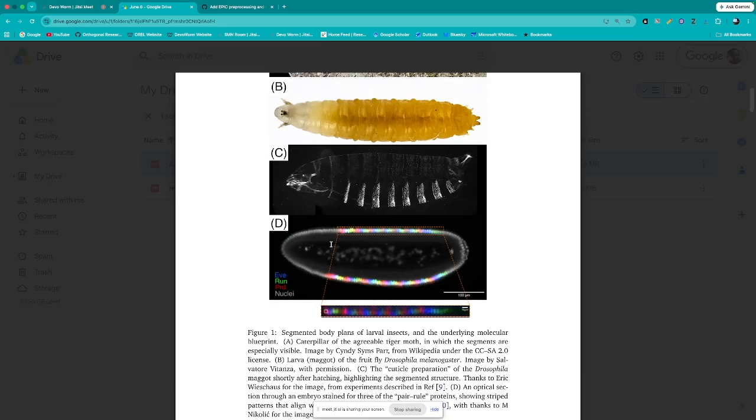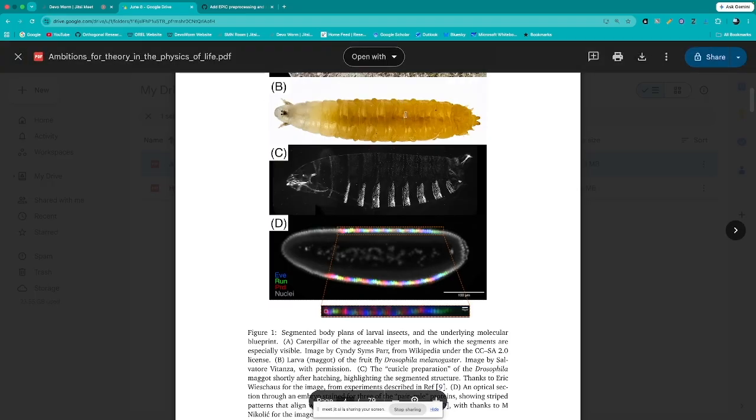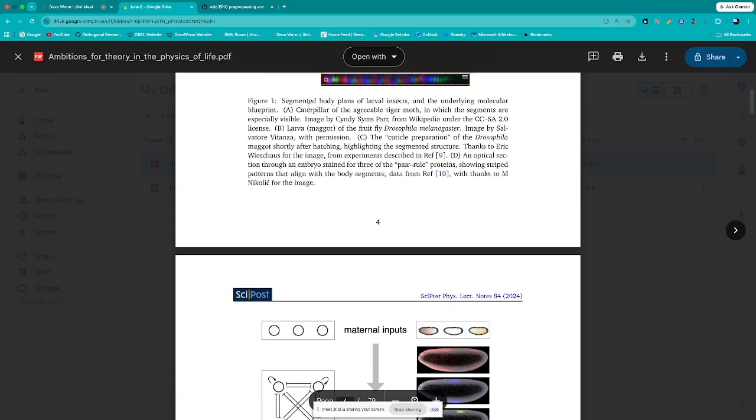It actually encodes these different factors, Eve, Ron, Prd, and then the nuclei are in gray, so they're differentiated from other cells, where these cells in different colors are expressing these factors, and they're aligned in these stripes. So that's the idea, that these stripes are formed by these coordinate systems in development and then become these stripes or segments in the adult.